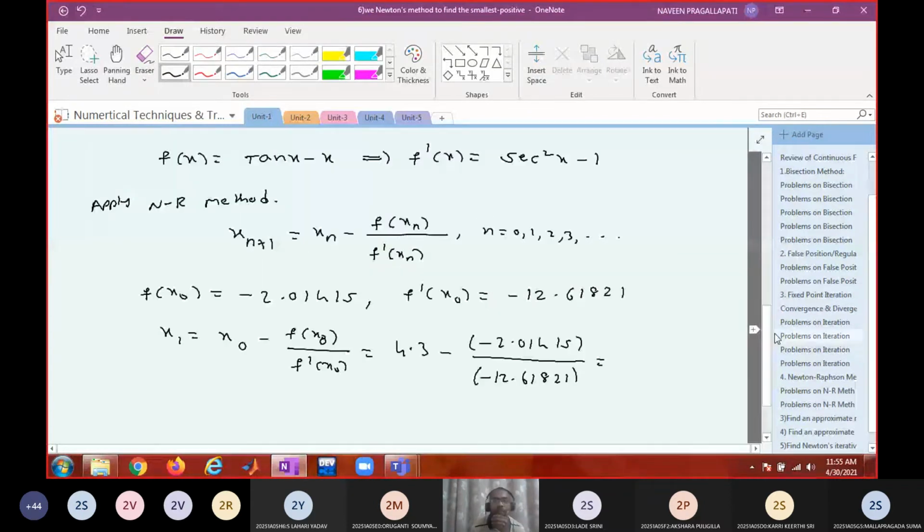Are these values correct, f and f dash? x1 is 4.14037, or 4.14038.